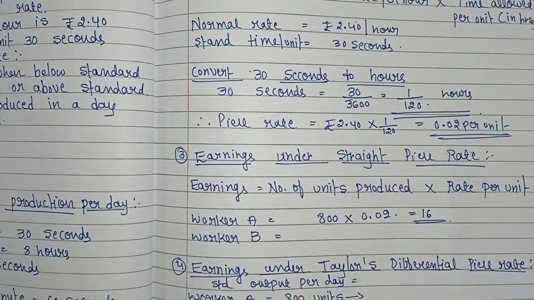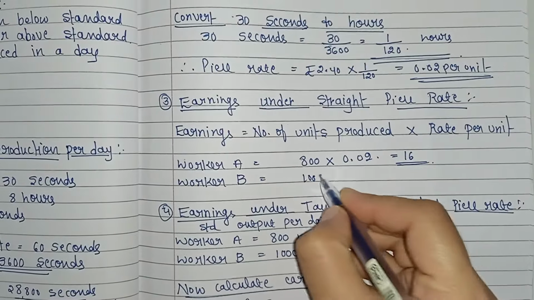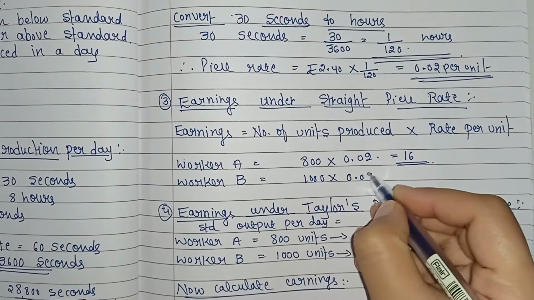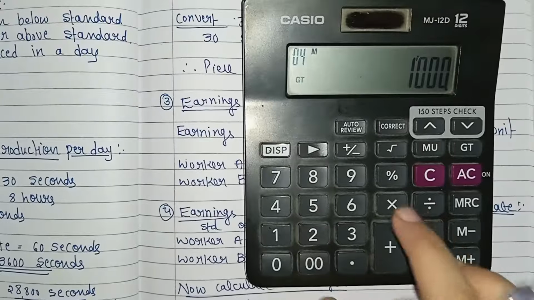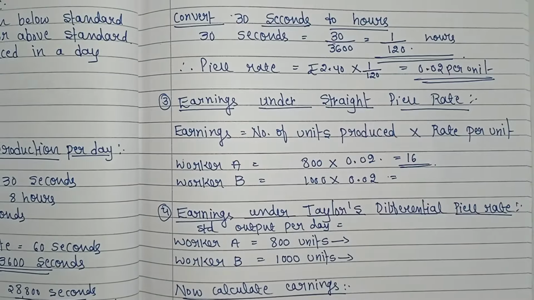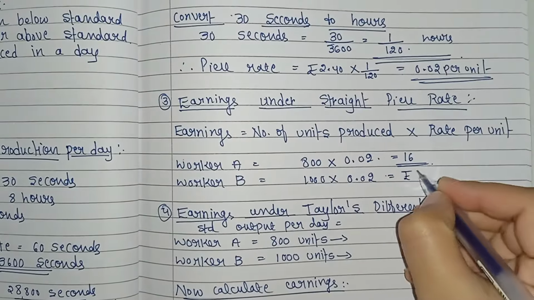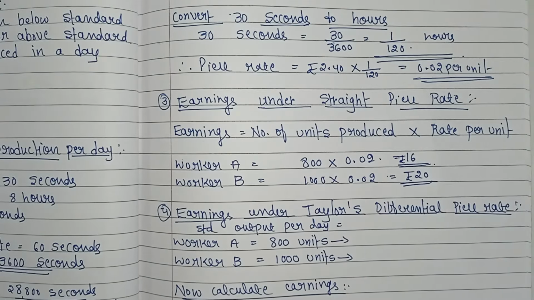Earnings of worker A is rupees 16. For worker B, 1000 units into 0.02 is rupees 20. Earnings of worker B is rupees 20.